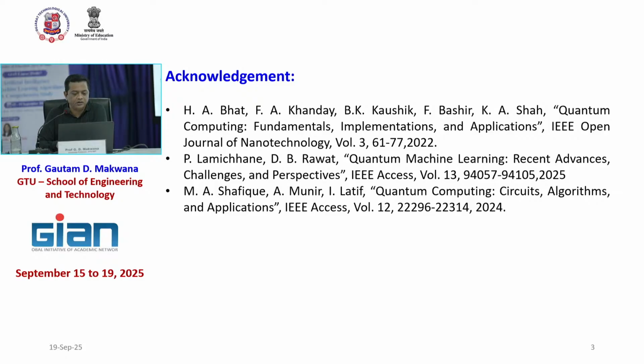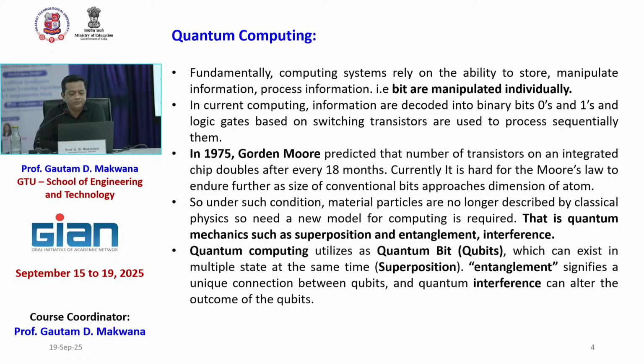To discuss the concept of quantum computing from this article. Now here, as per Gordon Moore in 1975, he predicted that the number of transistors on an integrated chip would double after 18 months.